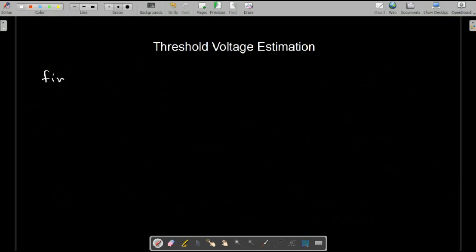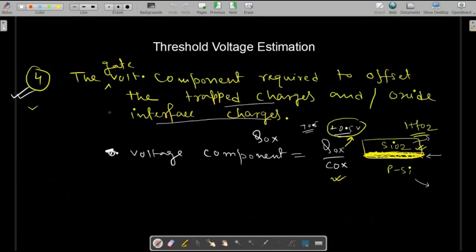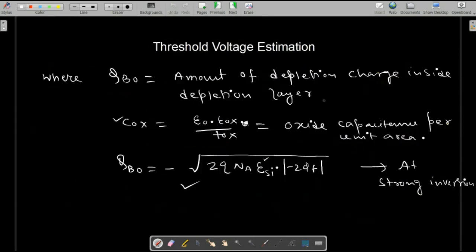So the final expression for threshold voltage. I'm giving the name threshold voltage VT0, that is equal to the first point, see, the work function difference between the gate and the channel, that is phi ms or phi gc or VFB, whatever you can write.